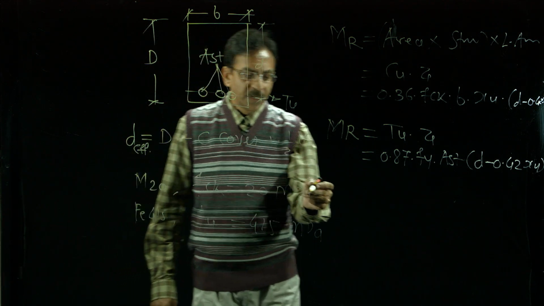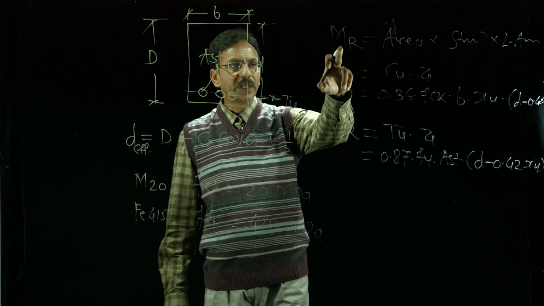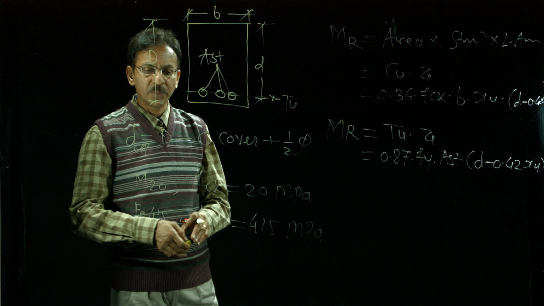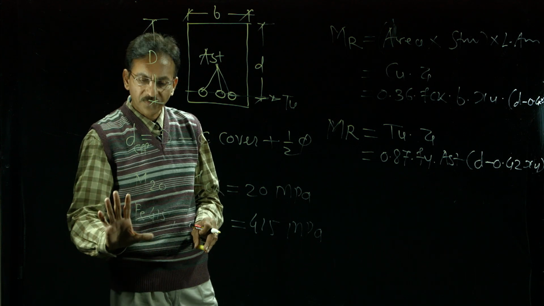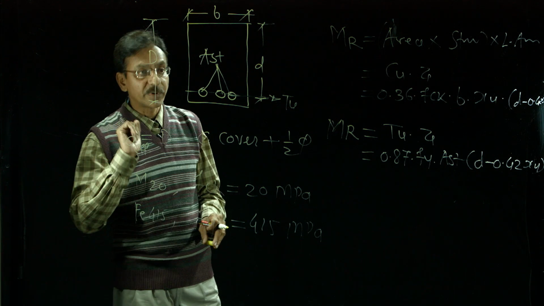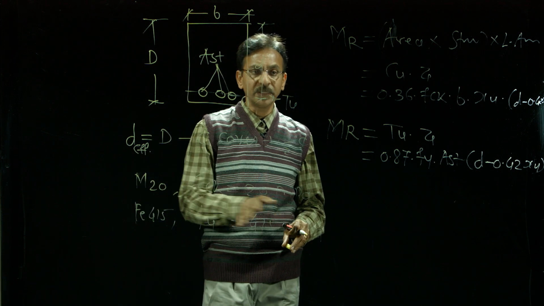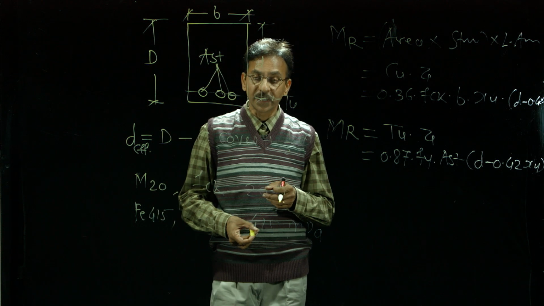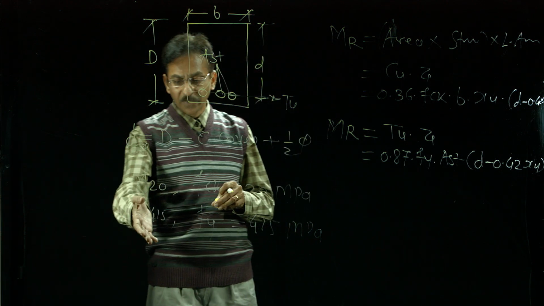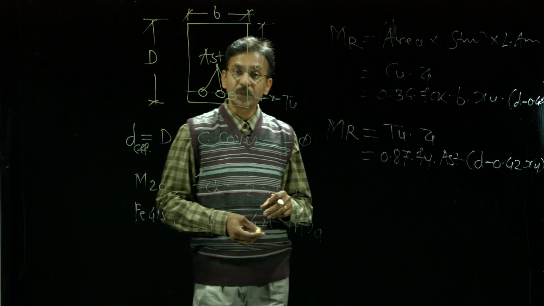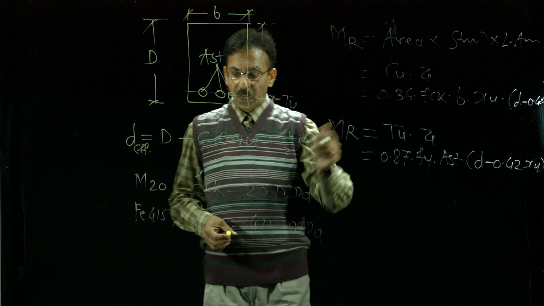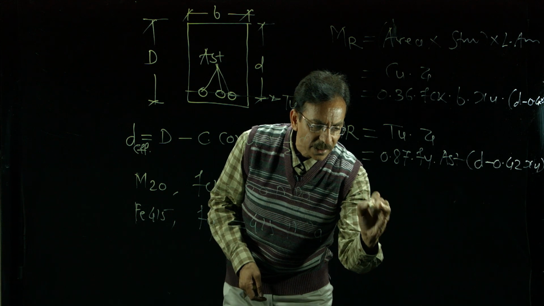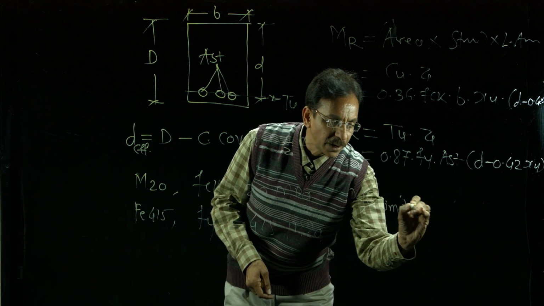Now, if these two factors are known, then you calculate the moment of resistance for these two. We consider M20 grade and Fe415 grade of steel as an example. It may be M25, M30, M35 and so on. Similarly, grade of steel may be Fe250, that is for mild steel, and Fe415 and Fe500, that is for Tor steel. Now, if you consider this, you can calculate the standard Mu limit values.